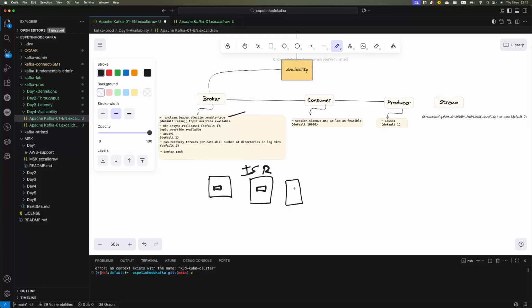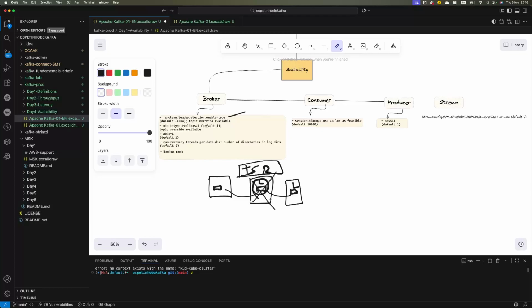Here we have the leader partition, and the others are the followers, right? If the leader goes down for some reason, Kafka can elect a new leader that is not in sync, which means this could cause some lost messages, because the new leader does not have all the messages that the old leader has.